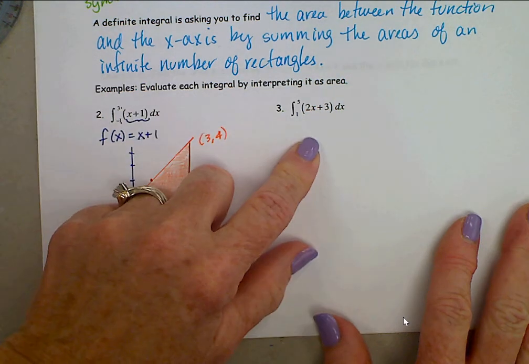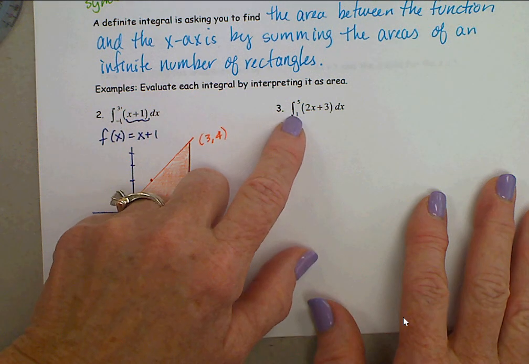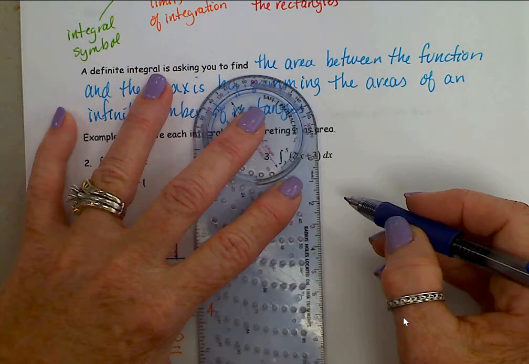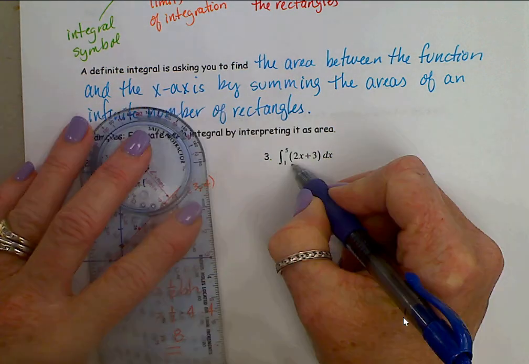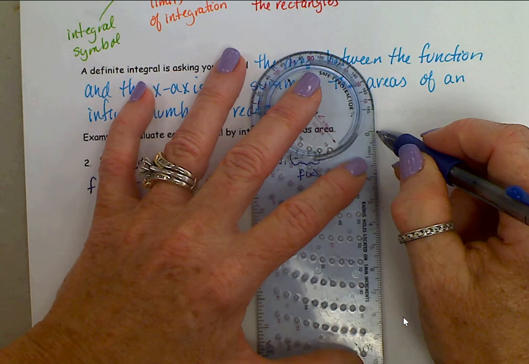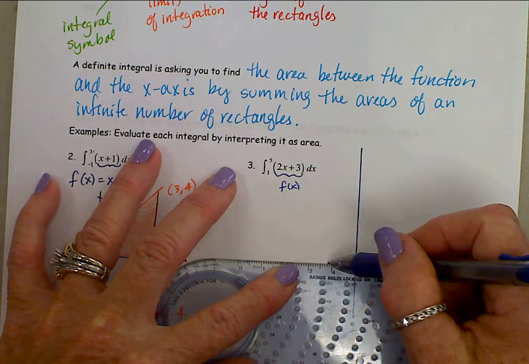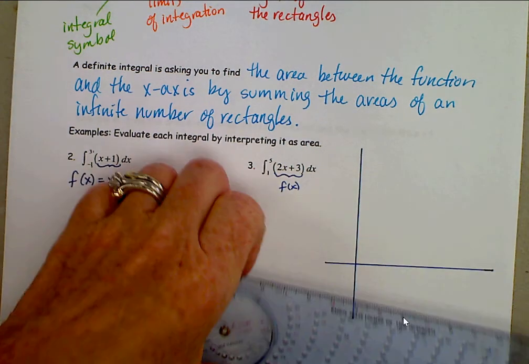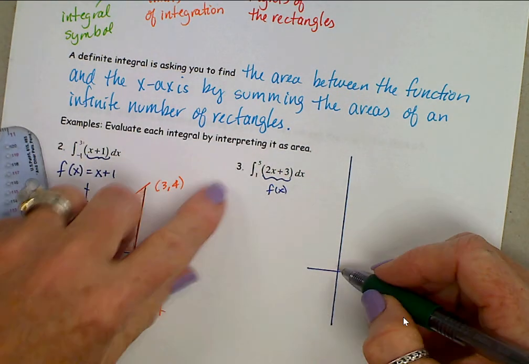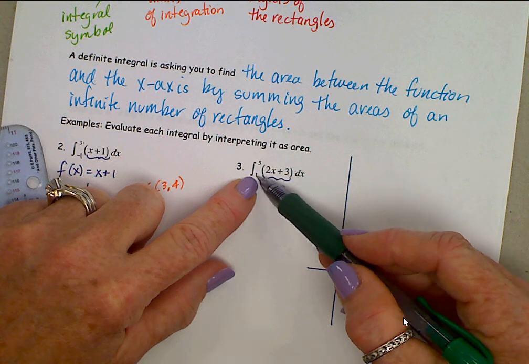When we look at this third example, the integral from 1 to 5 of 2x plus 3, again, we need to sketch this graph, and our function is 2x plus 3. Now, you can go through and use slope and y-intercept to graph this. However, the y-intercept is not on here because we're in between 1 and 5.